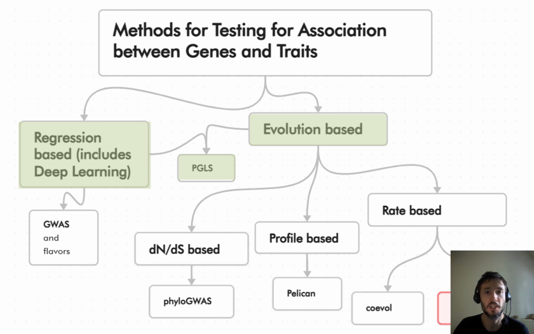PGLS, phylogenetic generalized least squares, is a regression approach that accounts for the non-independence of the samples. Even though it can be, usually it's not used for testing gene phenotype association, but rather for figuring out the relationship between two traits, say body size and temperature, while controlling for the phylogenetic relationship in the data.